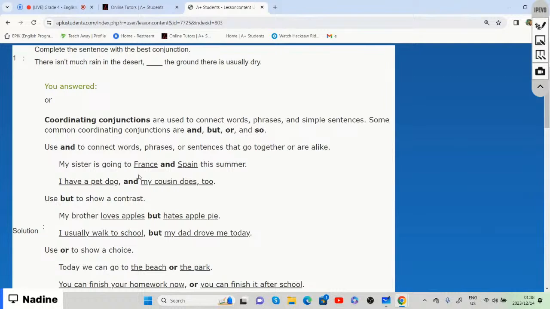So we use "and", right? So we basically use "and" to connect words or phrases or sentences, right? And they go together. Or we can say, my sister is going to France and Spain this summer, right?